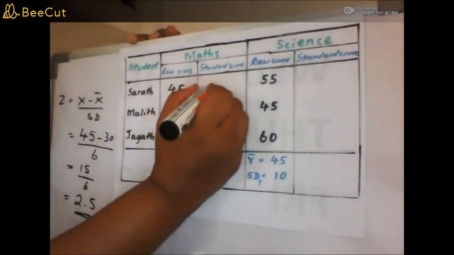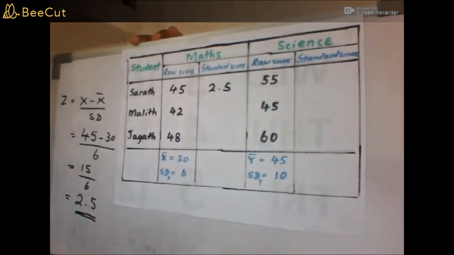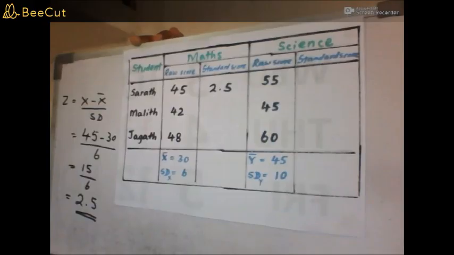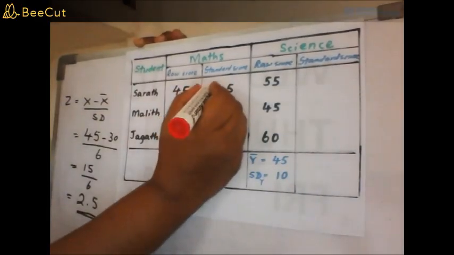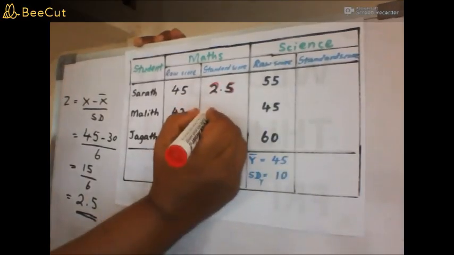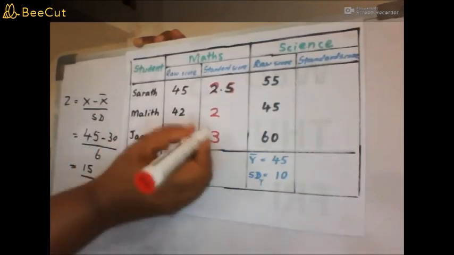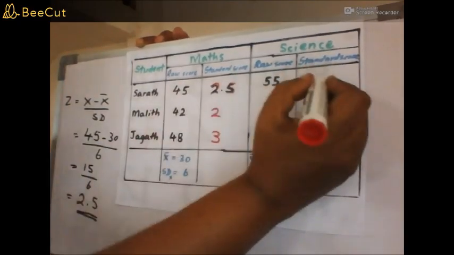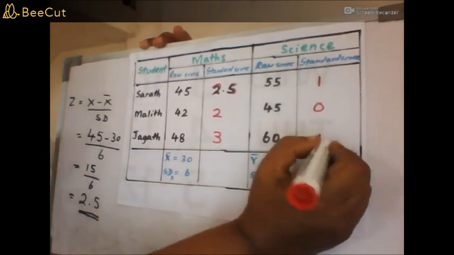We put 2.5 here. Likewise, calculate all the Z scores for the 2 subjects. I put the answers here, but you have to calculate. This one 2.5. Here you get 2. For this one 3. You have to find the Z scores. Then here you get 1.0. Z is 1.5.